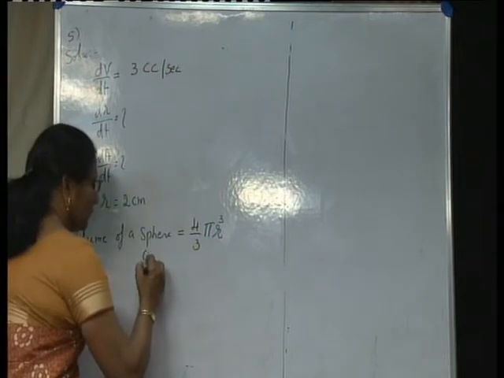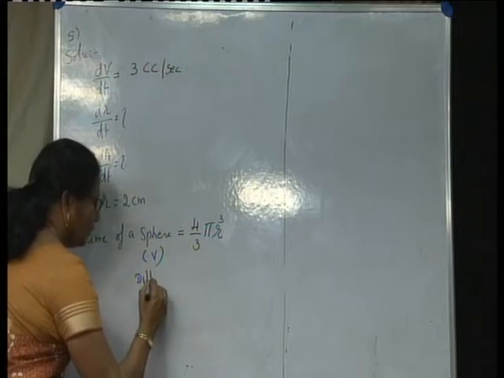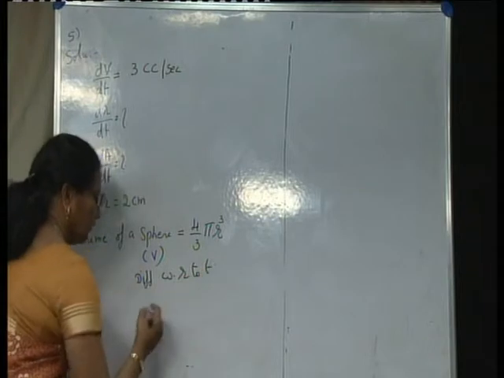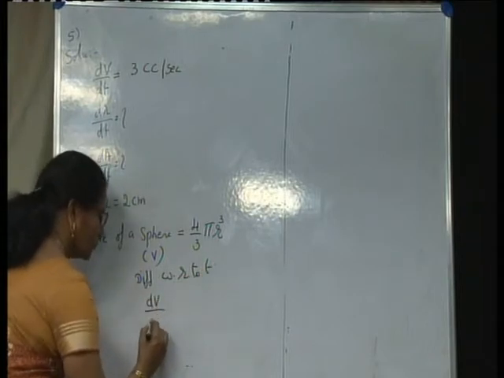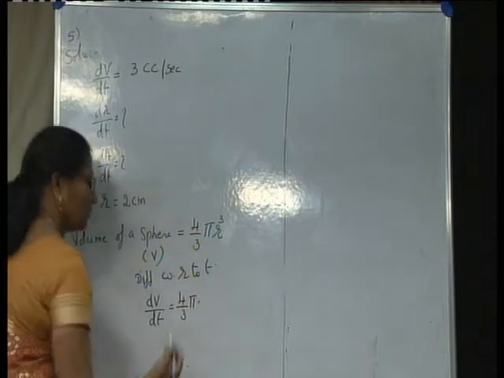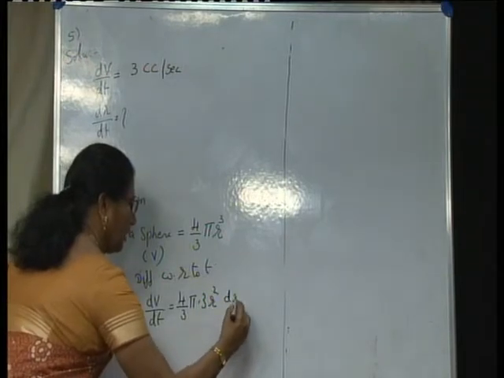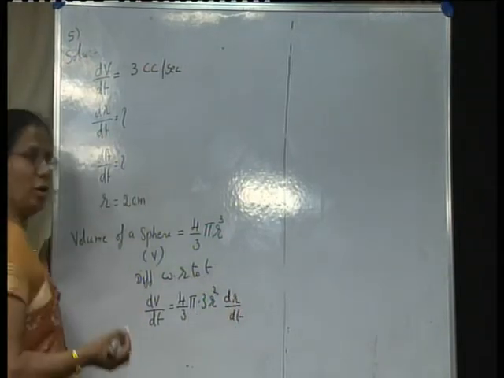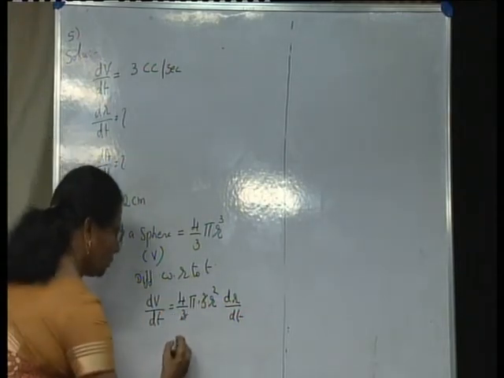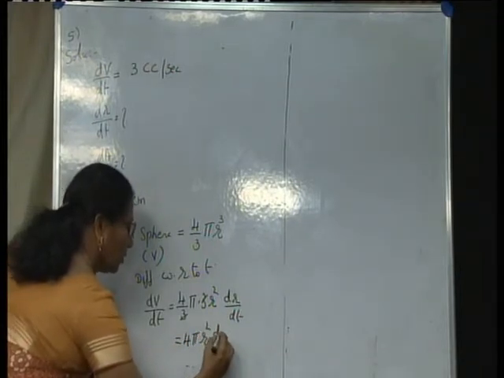We differentiate with respect to t. dV by dt is 4 by 3 pi, that is constant, into 3 r squared dr by dt. The 3 gets cancelled. This is equal to 4 pi r squared dr by dt.